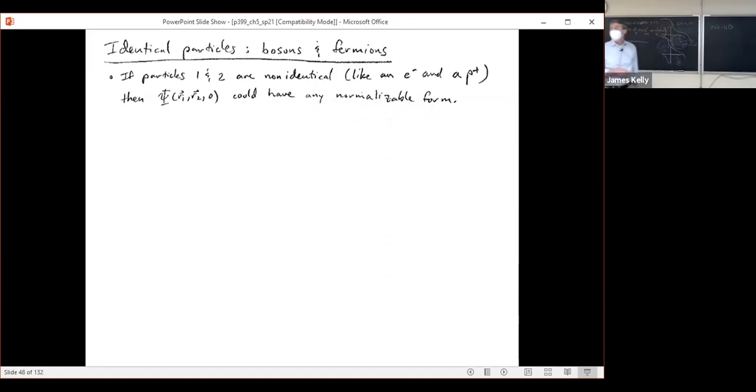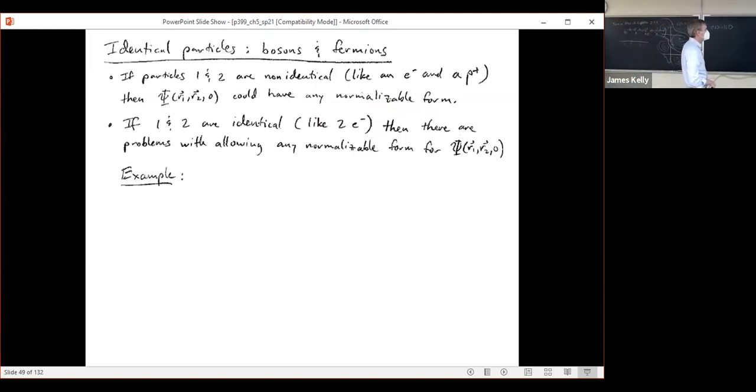It can't be the 0 function, and it can't be non-normalizable, with infinite area under the curve when we take the magnitude squared of it.